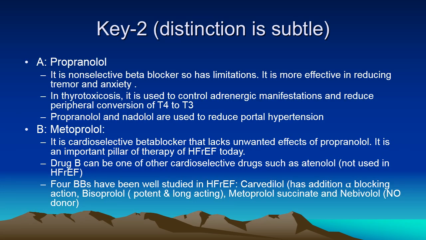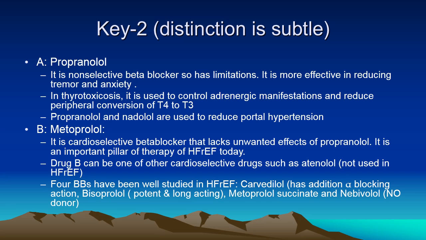Now looking to the clinical picture and uses, A appears to be propranolol with beta-1 and beta-2 blockade, non-selective, so it causes bronchospasm and peripheral vasospasm and is avoided in diabetics. If it is used in diabetics on insulin, it may delay recovery and cause prolonged hypoglycemia. Propranolol is used to reduce portal hypertension as well.